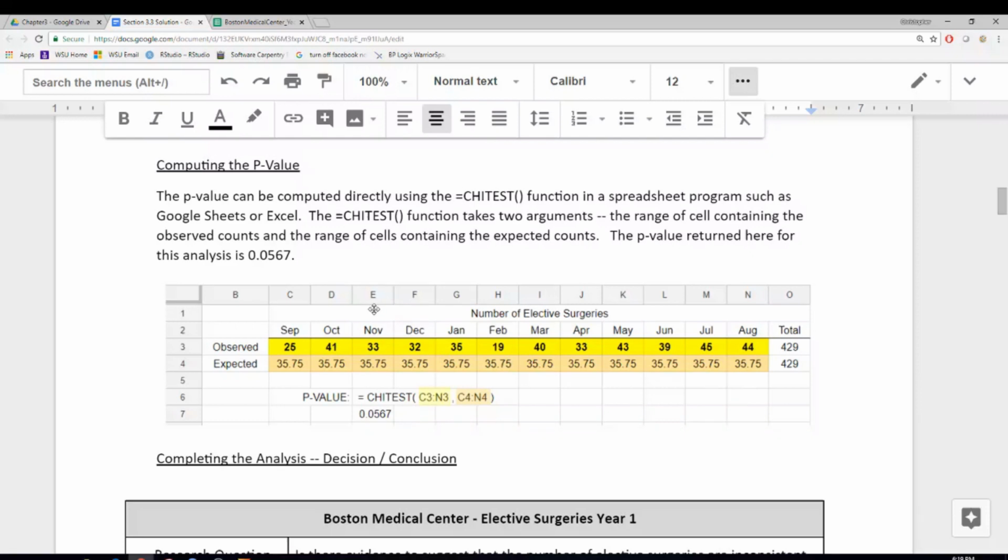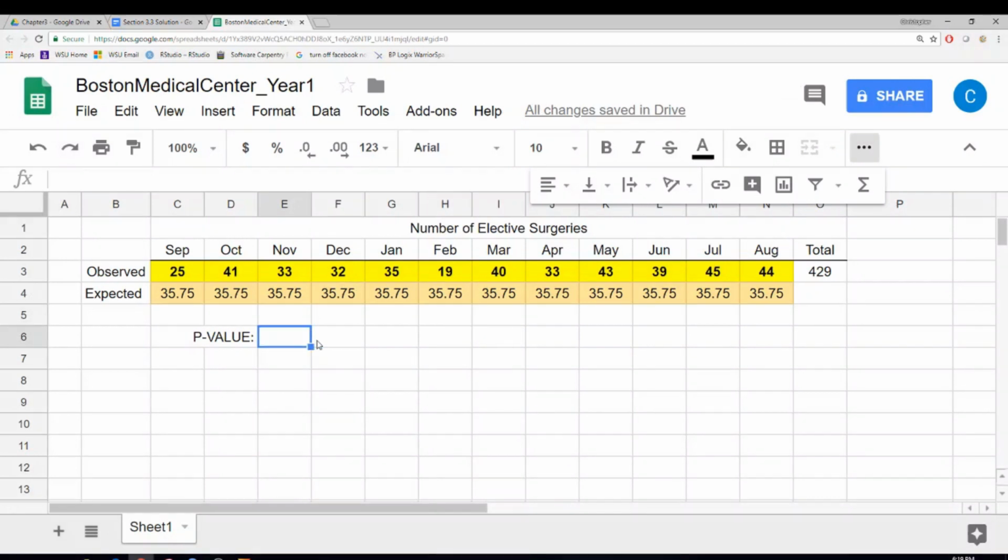Okay, so I'm going to go back over into my spreadsheet one more time and show you how to compute this value. So to get the p-value, all I need to do here is type chi-test. I need to highlight the observed counts, which for me sit in cells C3 through N3, I think it is.